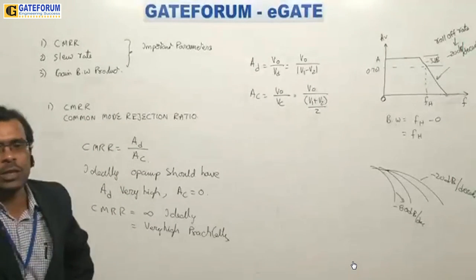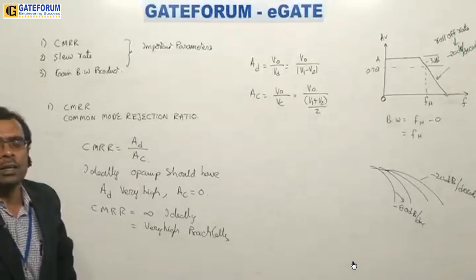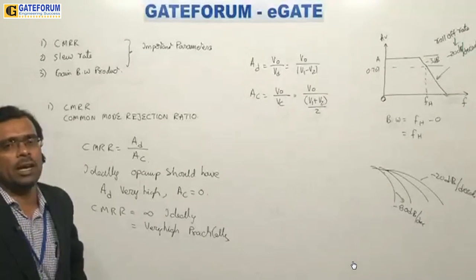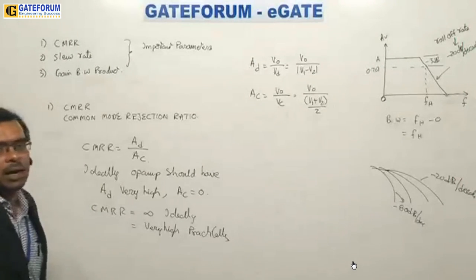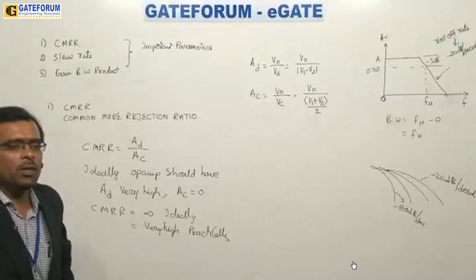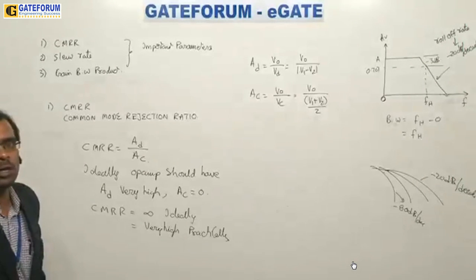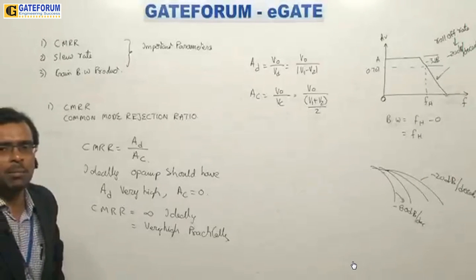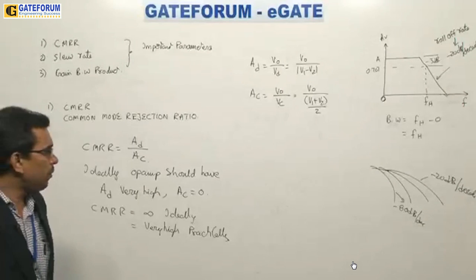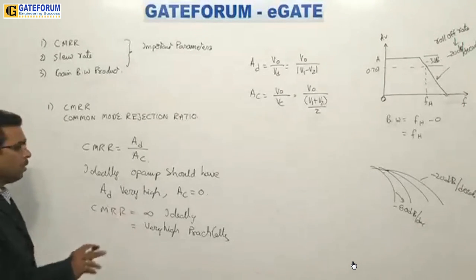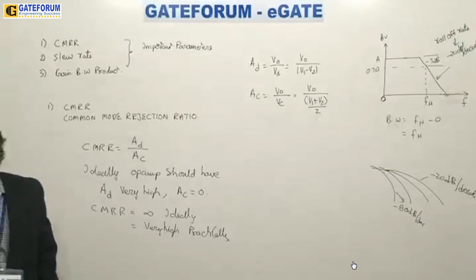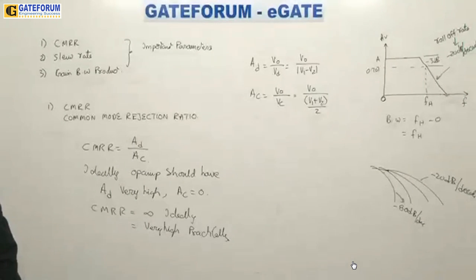CMRR is defined as the ratio of the difference mode gain to the common mode gain. Fine, so this is about the CMRR.